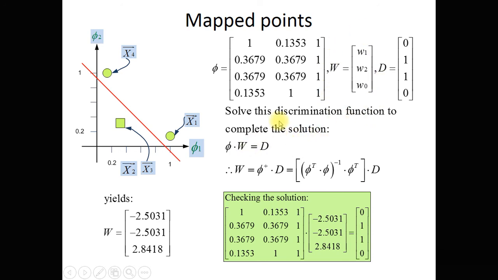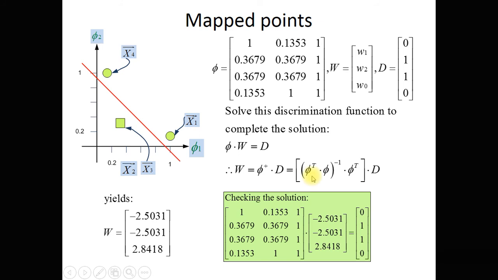One is I can directly find an inverse. Using the inverse I can find out w, using a pseudo inverse as a matter of fact. Why? Because this is not a square matrix, and the inverse of a non-square matrix does not exist. But we can find it using what is called a pseudo inverse. This is the formula for the pseudo inverse, so phi plus is the pseudo inverse.